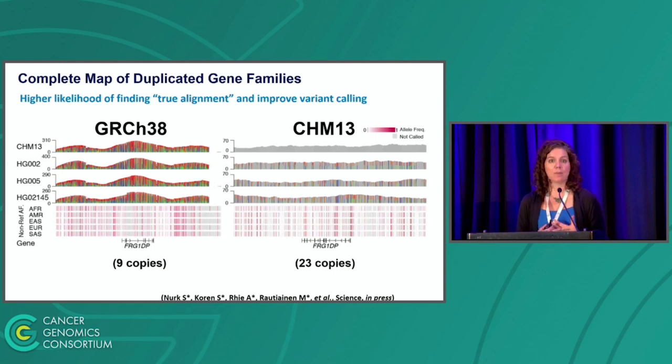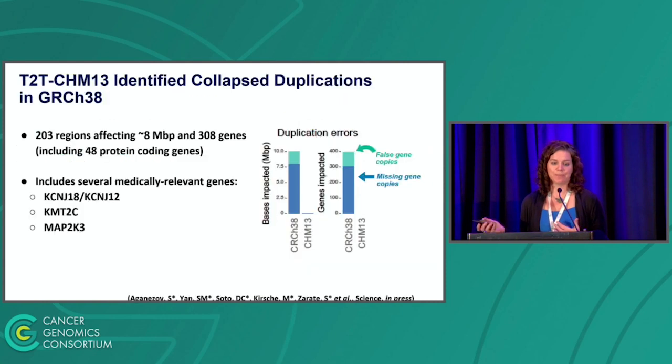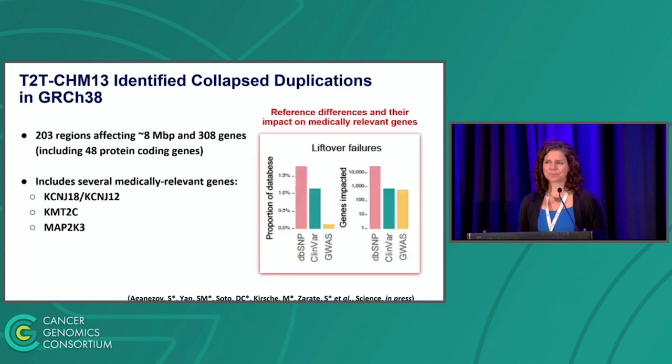It may not have its opportunity to find the best match. And so this is really what we were finding consistently when mapping to HG38 versus CHM13. We found about 203 regions affecting about 8 megabases of sequence and 308 genes. And this includes 48 protein coding genes and medically relevant genes. And we're seeing over and over again these types of duplication errors that are specific to HG38 and are not in CHM13.